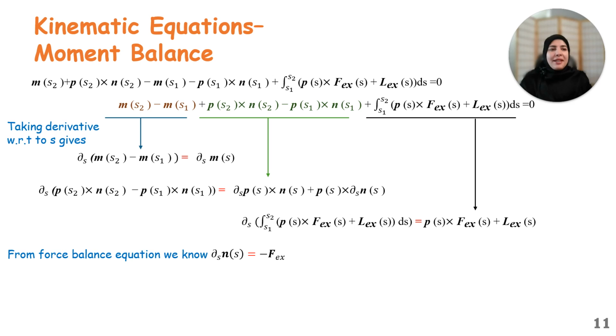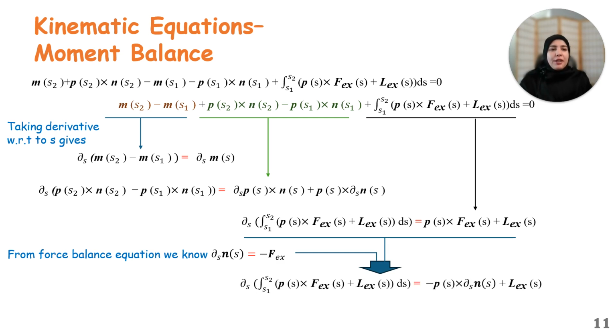To do this, I'll use the force balance equation, and from that equation we know that the derivative of the internal forces equals minus the external force. So substituting this equation into the third term gives the derivative of the third part equals minus the cross product of position vector and internal force plus the external moment.